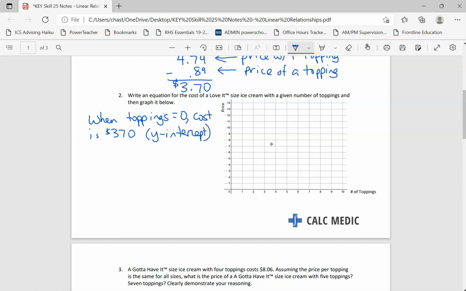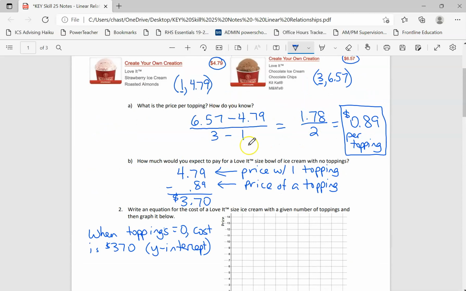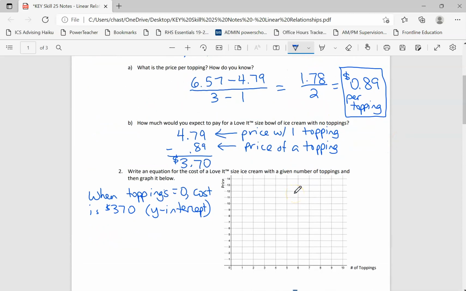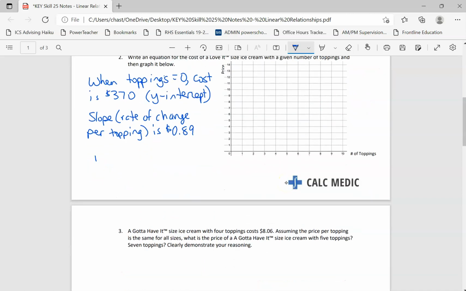And we know from what we calculated in part A, the slope, which is the rate of change per topping, is 89 cents. So the way we're going to write this equation is y equals 0.89x plus, oops, that looks like I wrote $370. Sorry, plus 3.70. That's our equation.